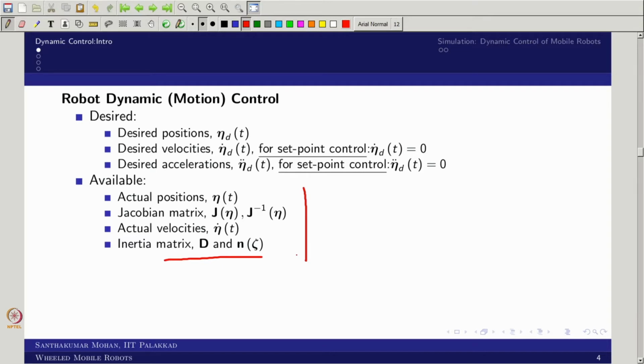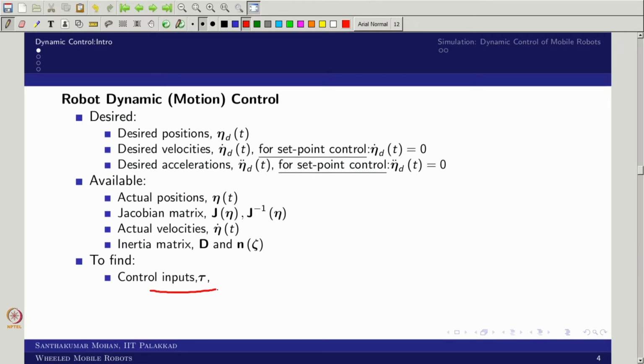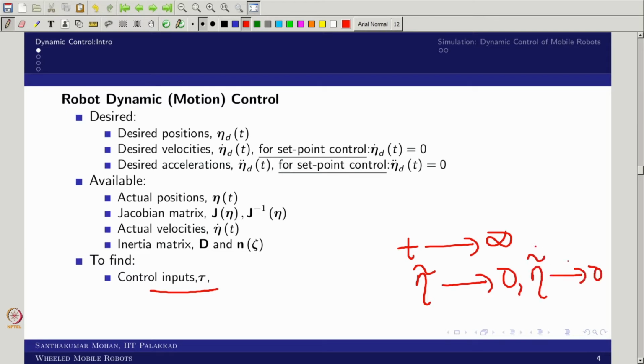Then what would be the objective, or what do we find? We are trying to find tau, which is the control input, with the objective that as t tends to infinity, my error tends to 0. This is what we did for kinematic control, but right now it is dynamic control, so your velocity error is also supposed to be 0.